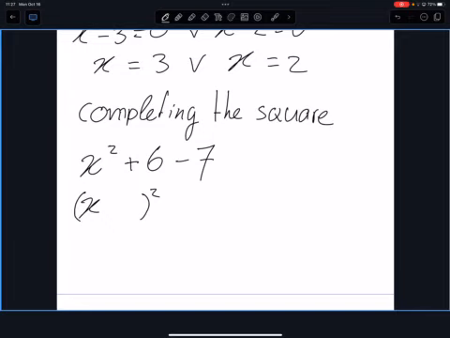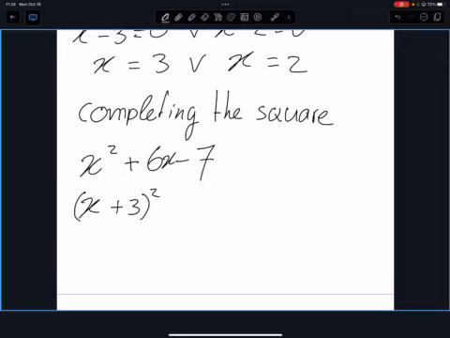Completing the square, I take half of 6x. I take half of the middle term, half of positive 6. What is half of positive 6? Positive 3. All right.